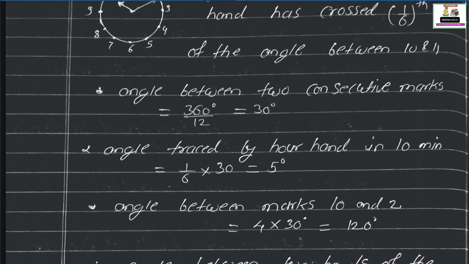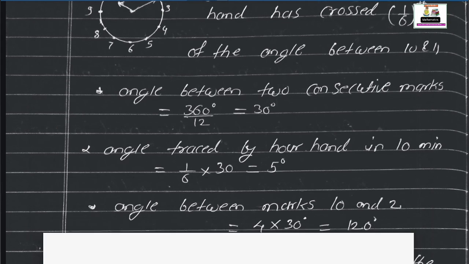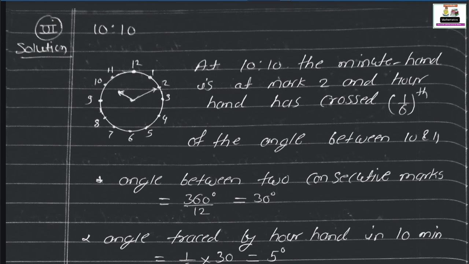And again find the angle traced by the hour hand in 10 minutes, which is 5 degrees. The hour hand is not exactly on 10, it has crossed or slightly moved inside, so the angle is 5 degrees. Then the total angle is 120 minus 5 degrees.